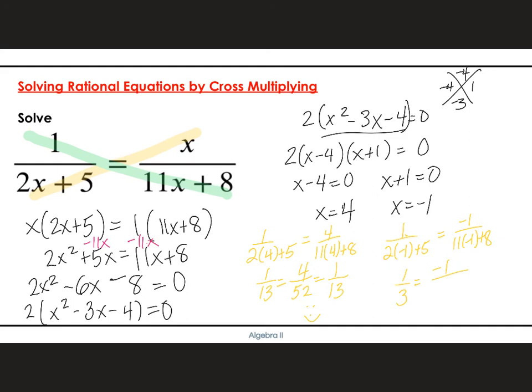And negative 11 plus 8 is negative 3. And if you notice, a negative divided by a negative is positive. So that's really 1 over 3. So then 1 over 3 is equal to 1 over 3. So that works out as well.